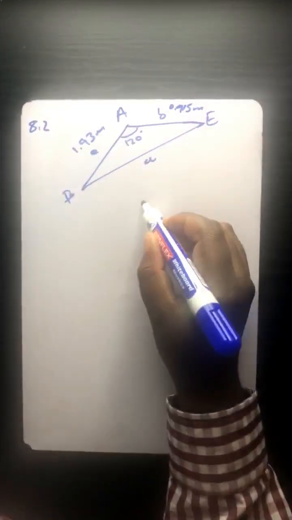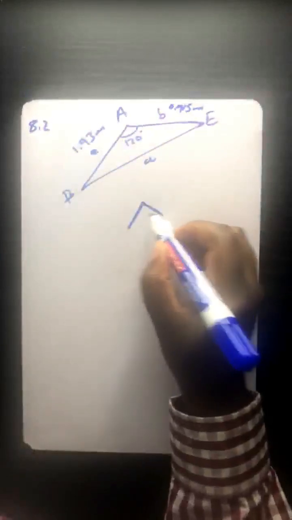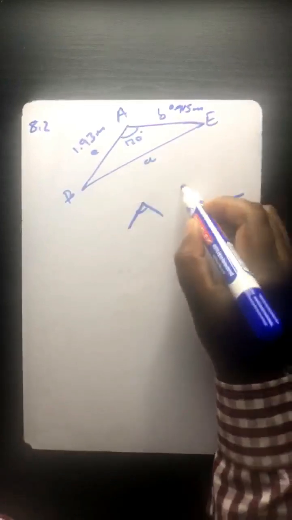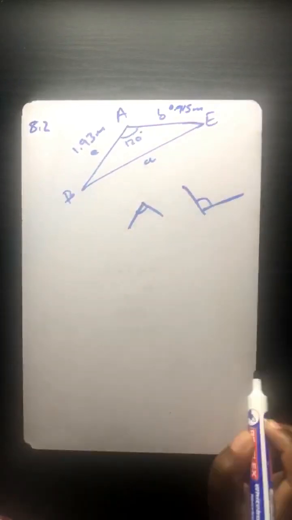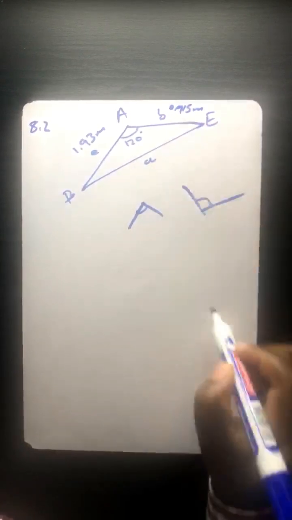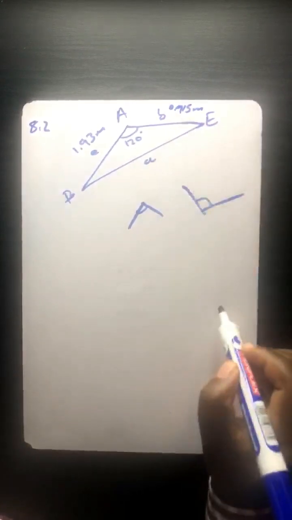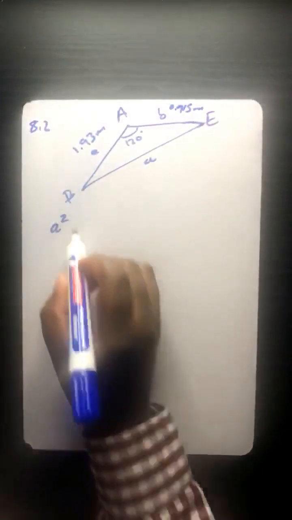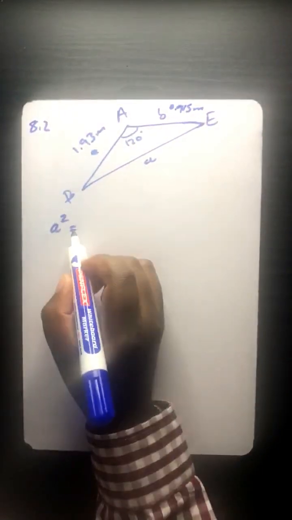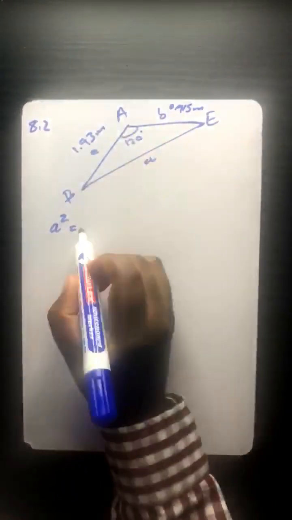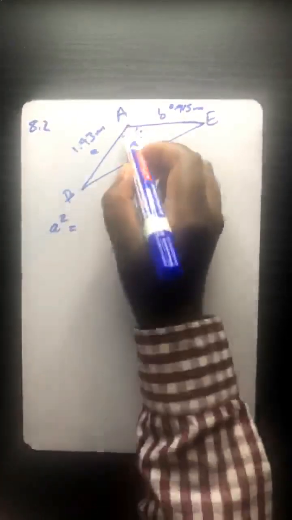So let's see what honorable member is saying. I know that when I have a side and an angle in between, I use the cosine rule. Doesn't matter whether the sides are in that direction. As long as I've got a side, an angle in between, I can calculate that. So as a mathematician, you need to formulate based on what you are given. So can you see, actually, that small letter a is what you are looking for, which is supposed to equal, one can say side AB because alphabetically it's AB.